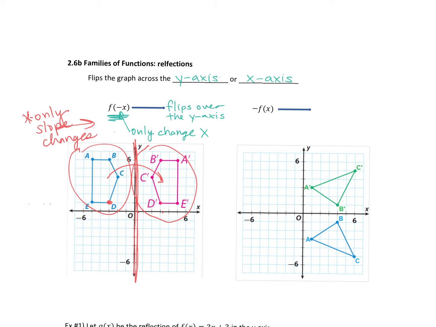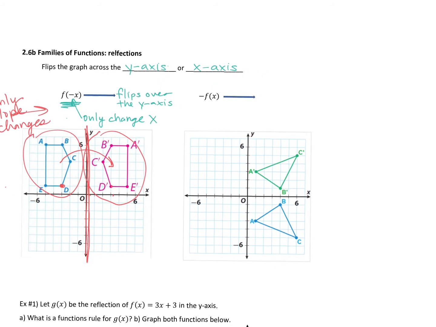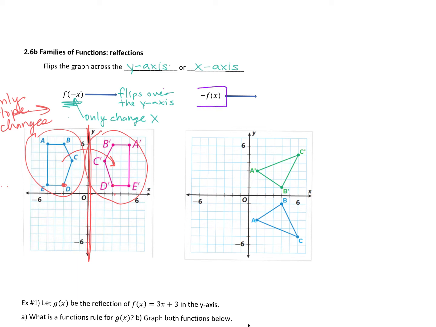But if we move across the way and we take the opposite of the entire function, so now it's not the opposite of x anymore, it's the opposite of the whole function, that one flips over the x-axis.